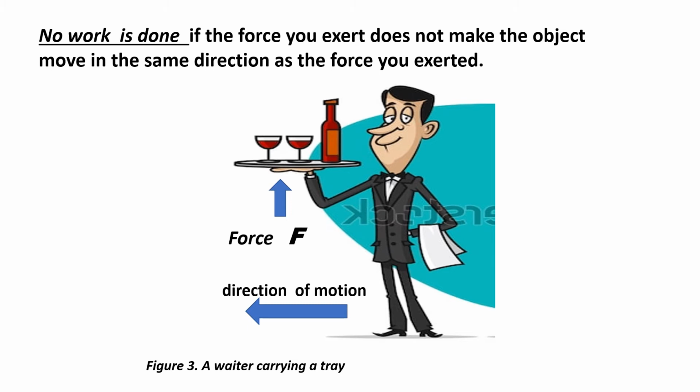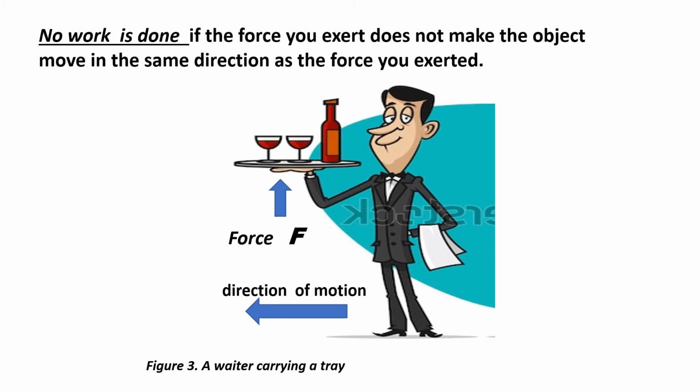Why? Because the force you exert does not make the object move in the same direction as the force the waiter exerted. So if you look at the direction of the motion, it is towards, but the force that the waiter carried the tray remains as it is.